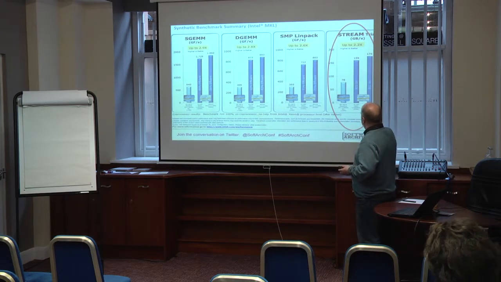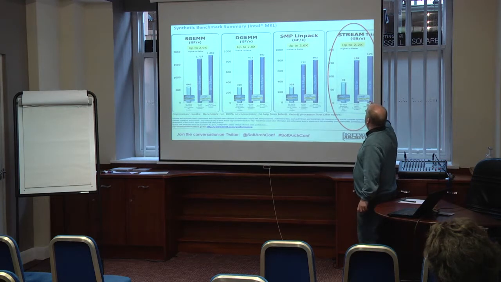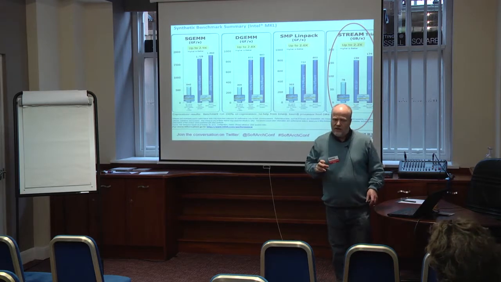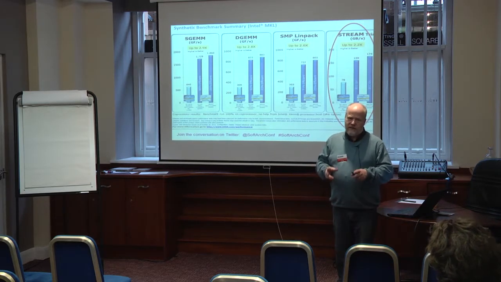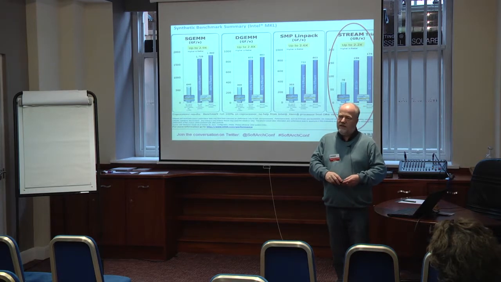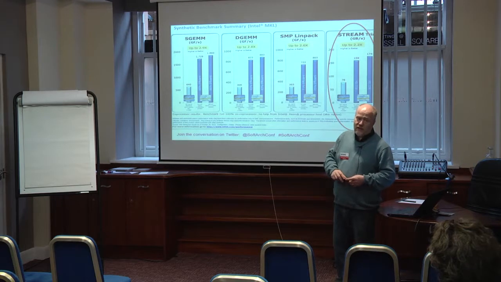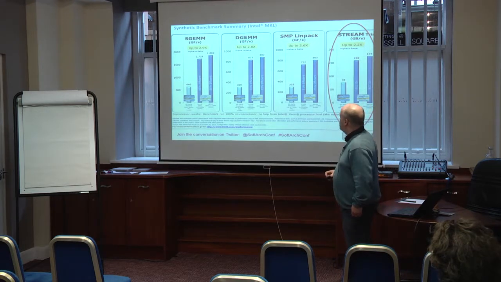What we find is that running this streaming benchmark on the Xeon Phi, we get a speed up of up to 2.2. So if you know your code is bandwidth constrained, you may get a benefit from running on Xeon Phi, even though it might not be as well vectorized as it should be.